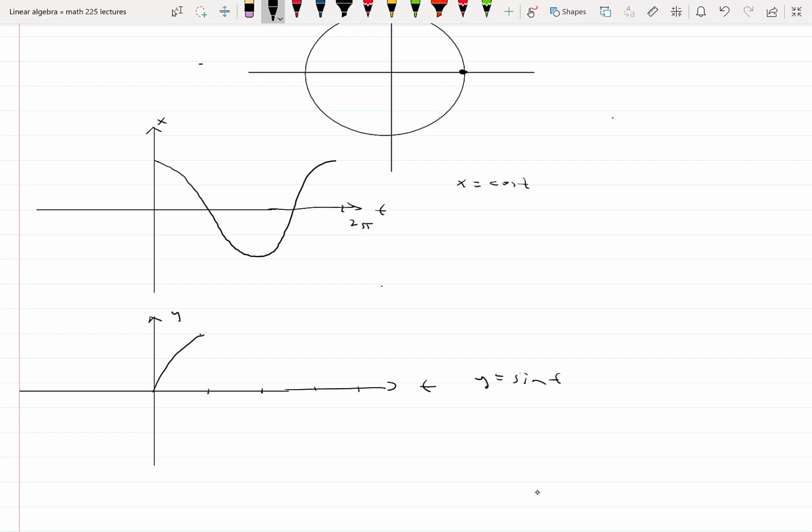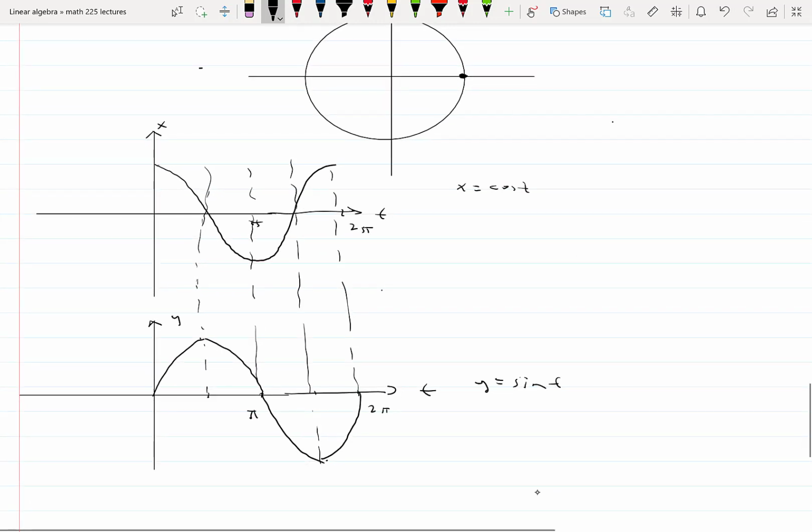They're just out of phase from one another. We know that from trig. So here's approximately what the sine function looks like. I want to kind of line them up time-wise. Here's pi, here's 3 pi over 2, here's 2 pi.